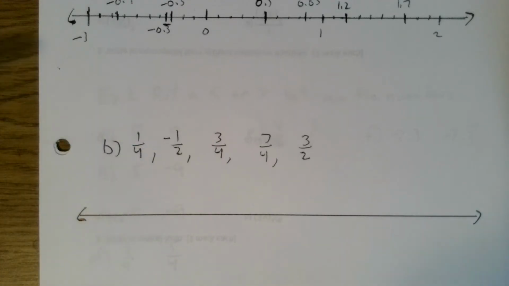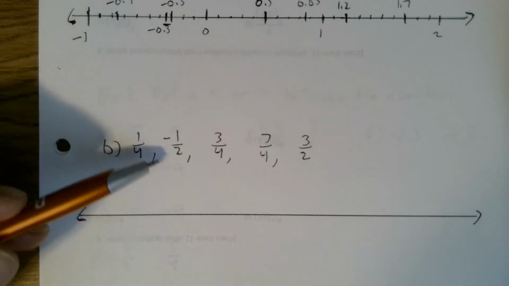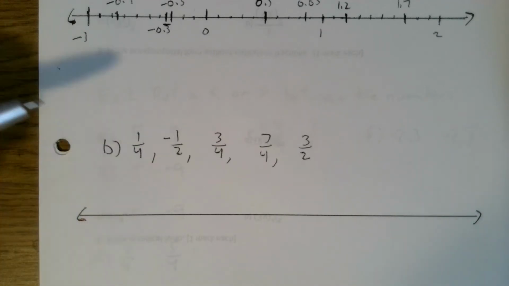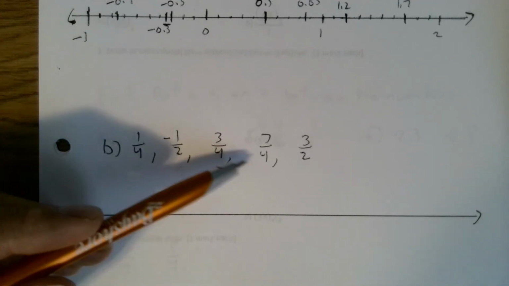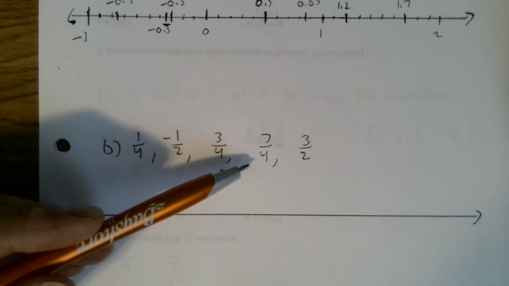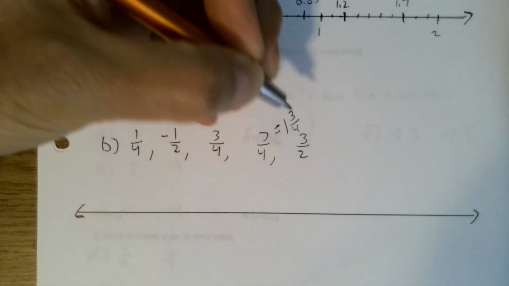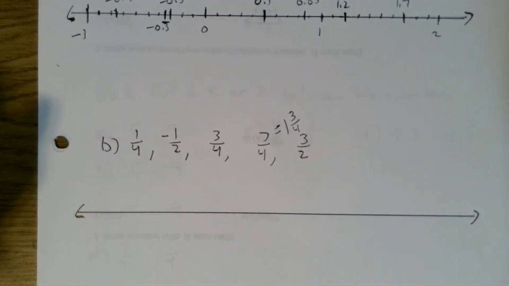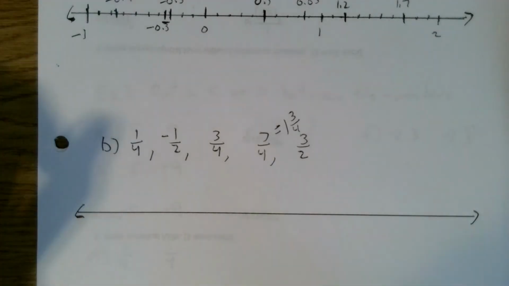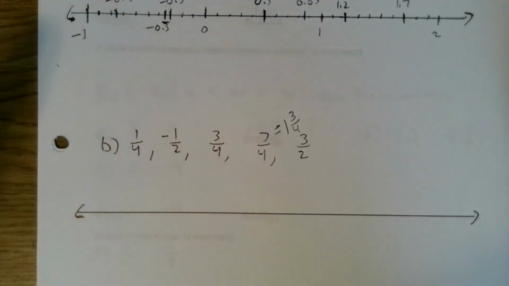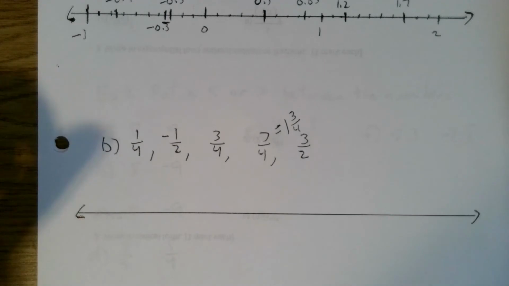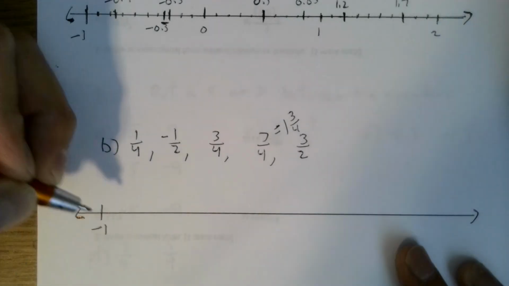And again, we want to figure out where to start, where to finish. So -1/2 is our least, so we're going to start at -1. And our greatest is going to be 7/4, which is the same as 1 3/4. So that's going to be between 1 and 2. So we're going to, again, be going between -1 and +2. So there's my -1.